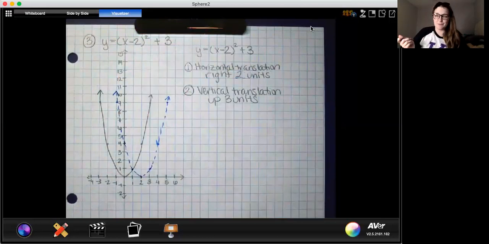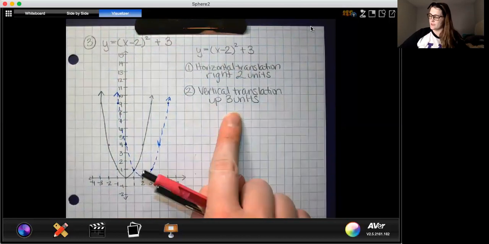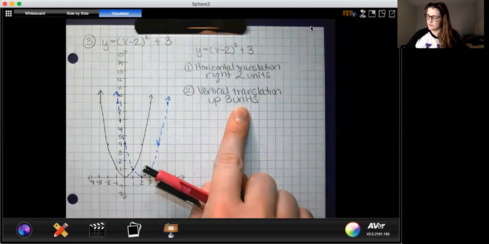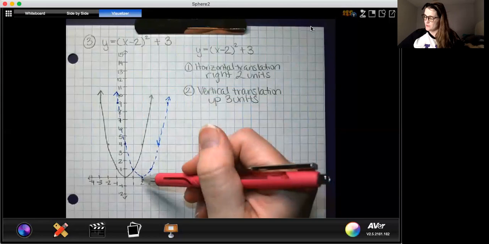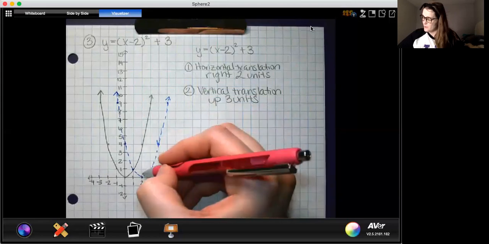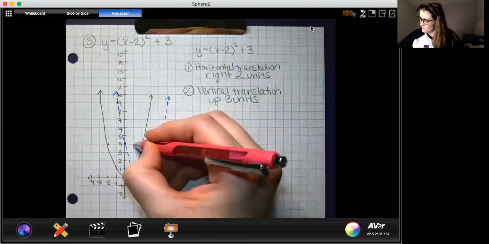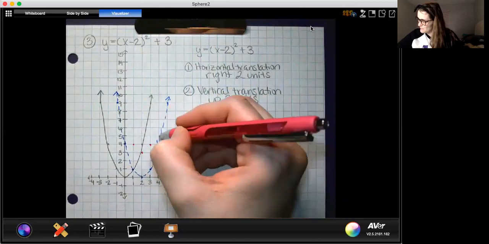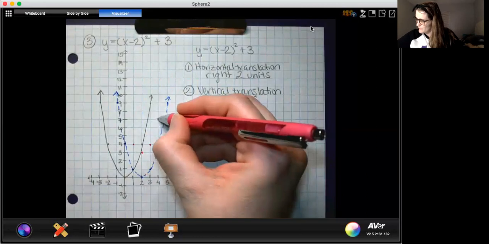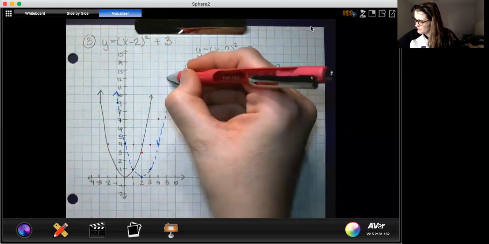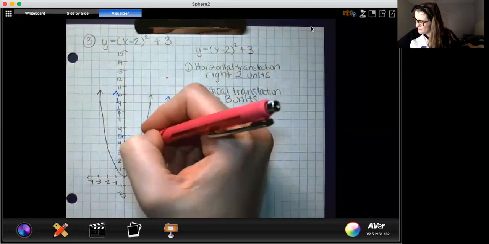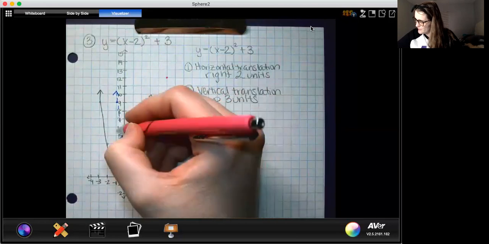And I should have picked pens that didn't bleed. Then we need to do our vertical translation up 3 units. So now I'm going to take each of my points and move it up 3 points. Lost track where I was, sorry.